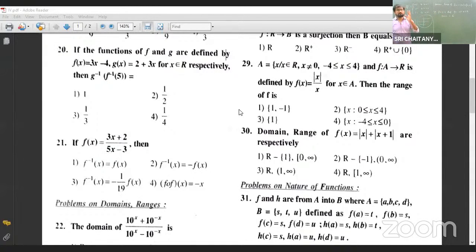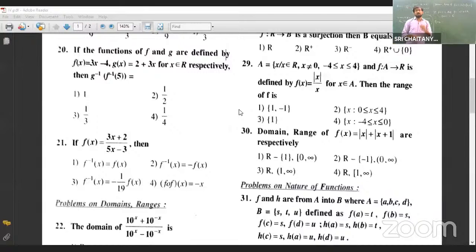Now, whatever value you substitute, you are going to get a value greater than or equal to 1. The range is from 1 to infinity. That means 1 or above 1.